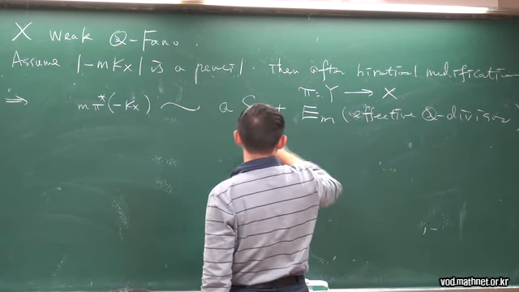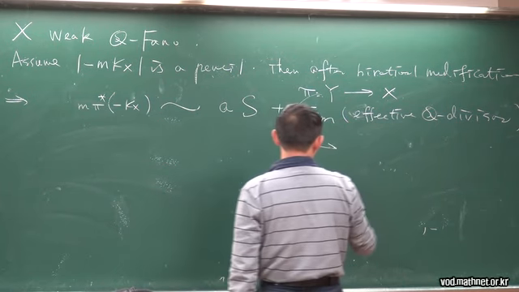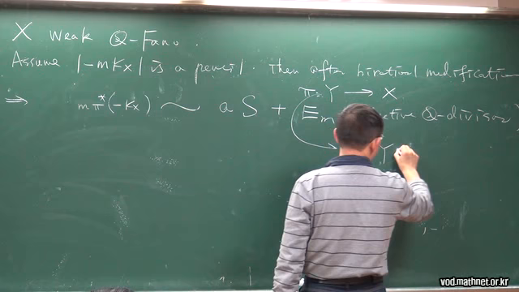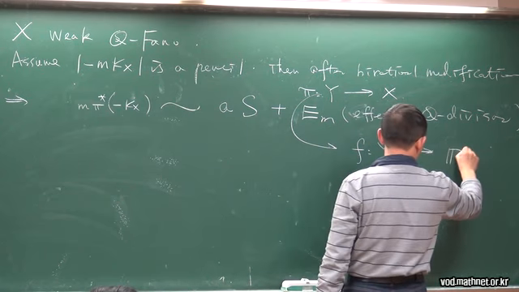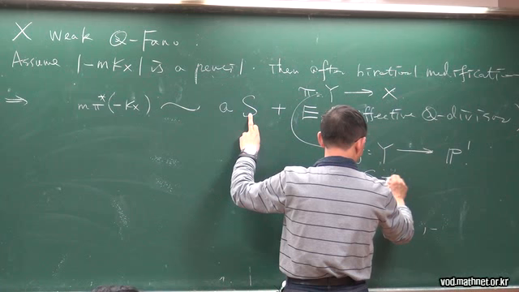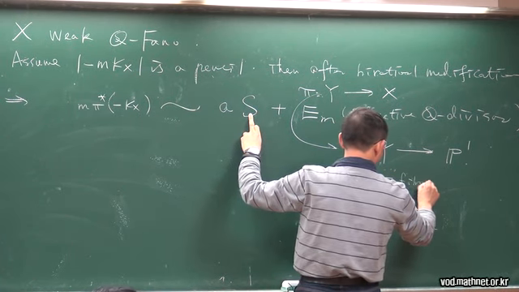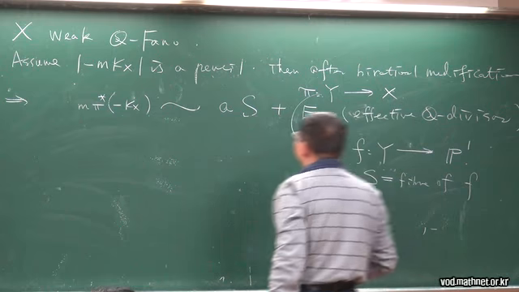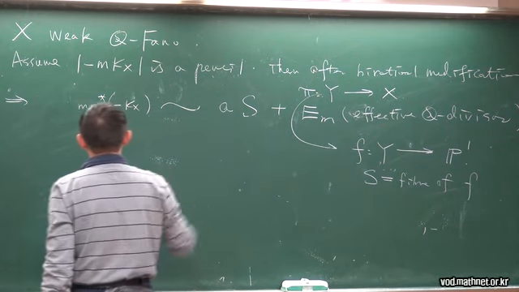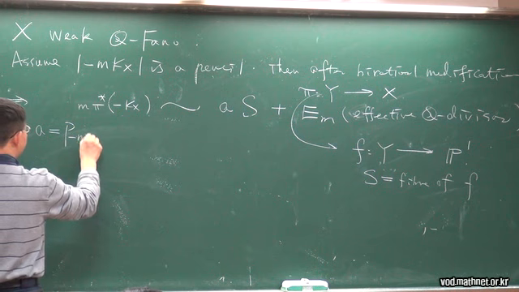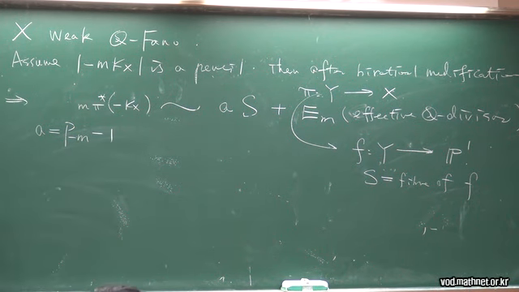Since this is a pencil, this induces a fibration f from Y to P1. Here S is a general fiber of f. So what is A? So A is exactly p minus m minus 1.